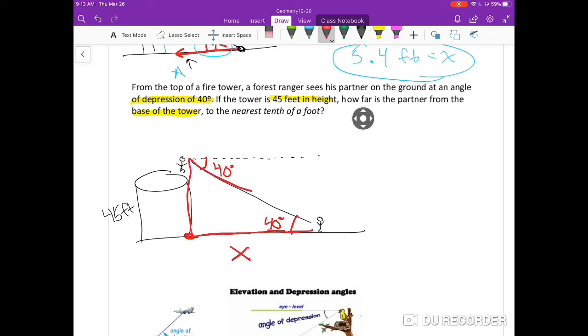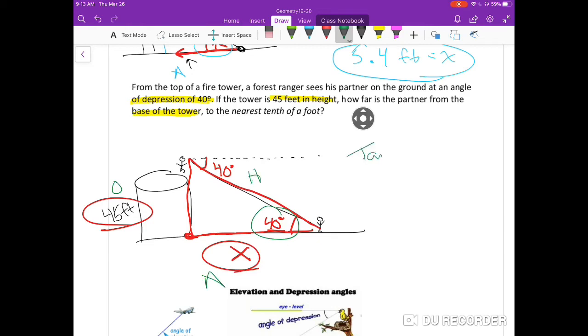Here's the triangle we're going to use. I have 45 feet and x. This is my reference angle, this is my opposite, my adjacent, my hypotenuse. I would use tangent here: tangent of 40 equals 45 over x.